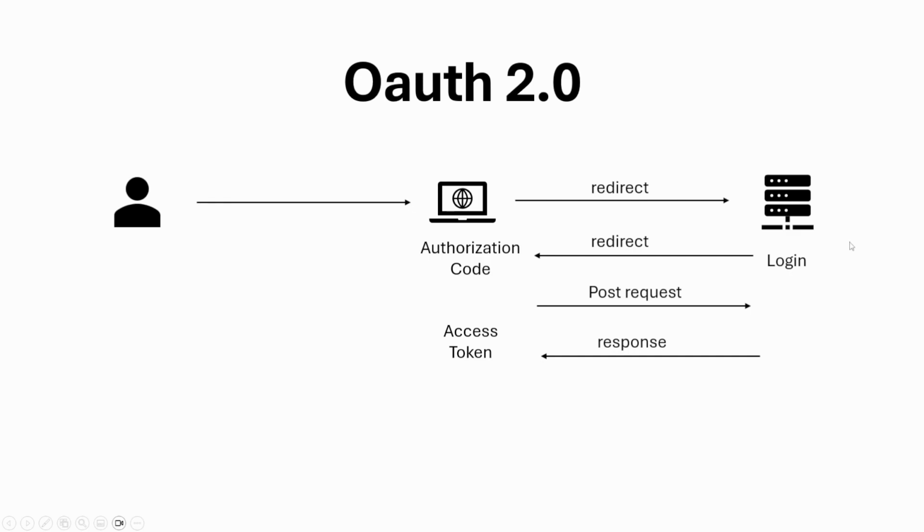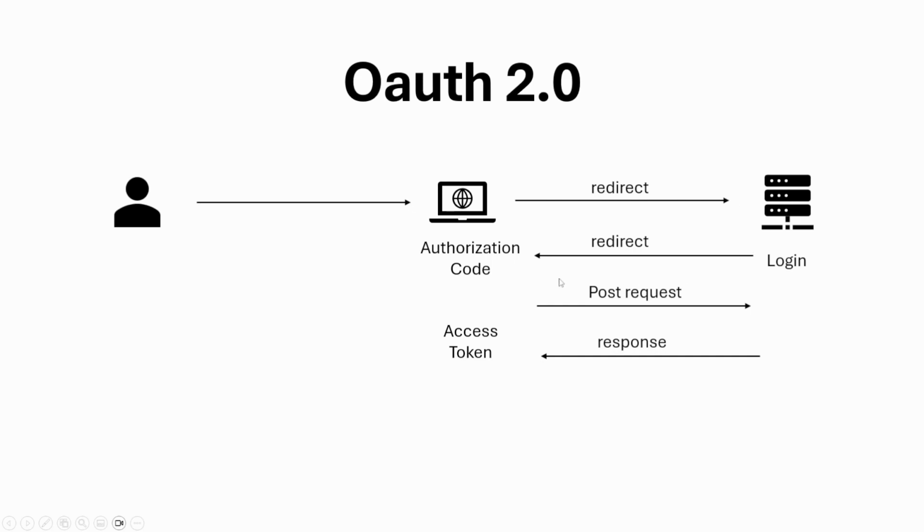The server needs to be sure that it is our application that is getting the access token and not just some other application. For that, we need to pass our client secret, and as you saw, we did not pass the client secret in our redirect, because we would just be passing a password in a URL. This would be a mistake.